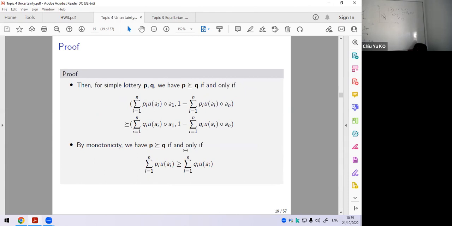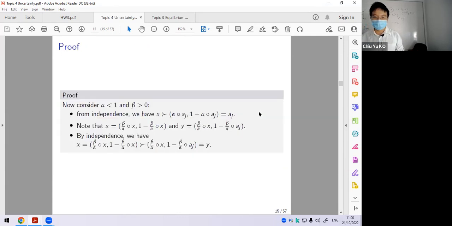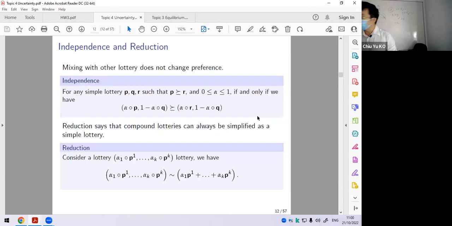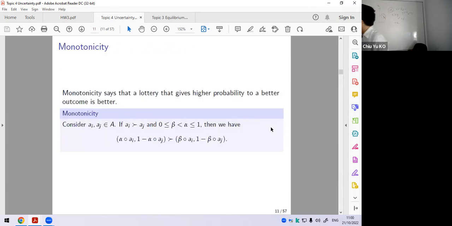And you have 2 outcomes, one better than the other. If this probability is better than this probability, this is independence. Remember, independence is when you have 2 outcomes, one better than the other, and this is better than this if alpha is better than beta.